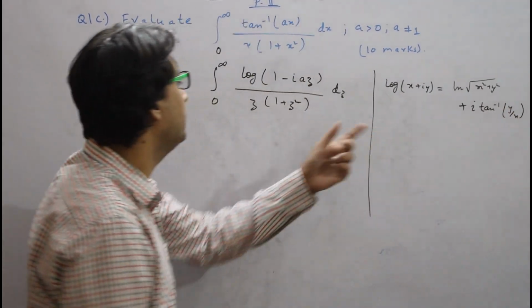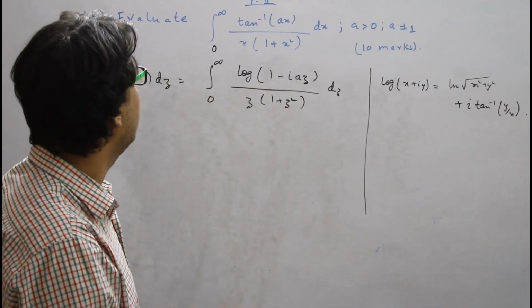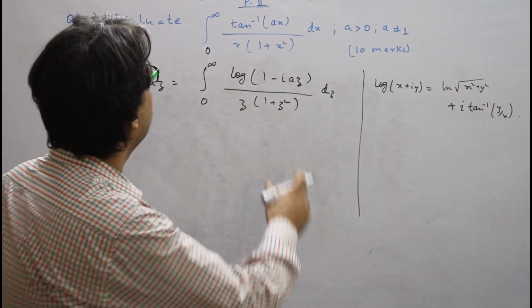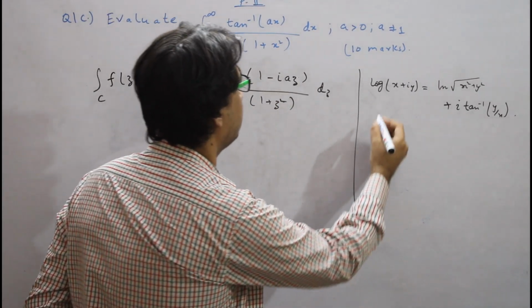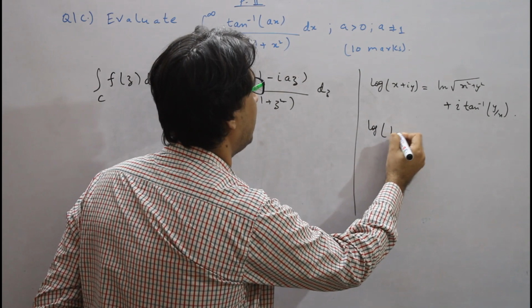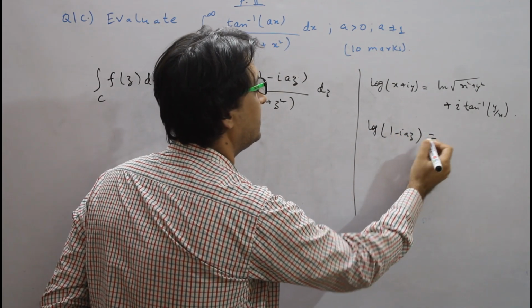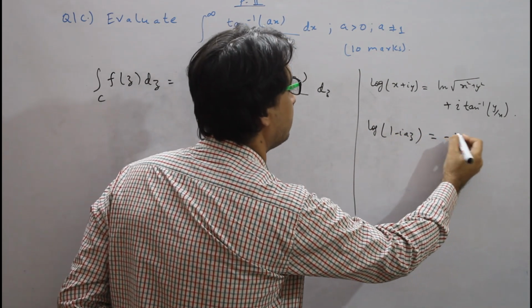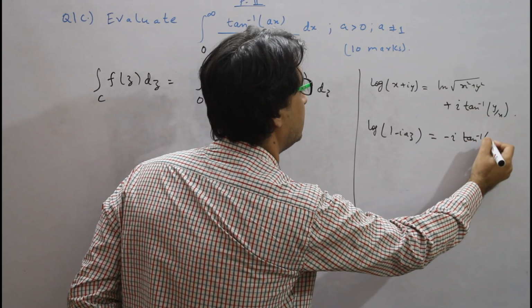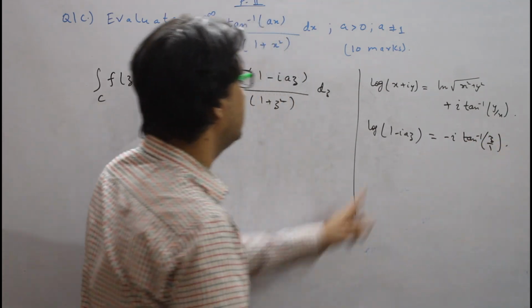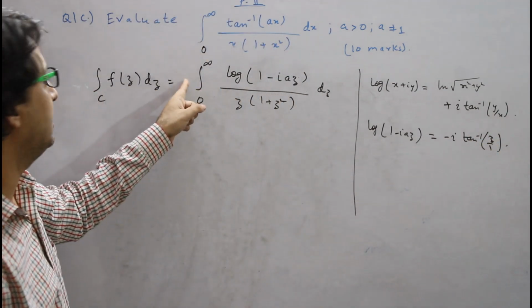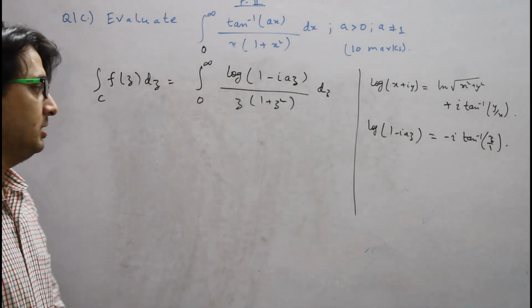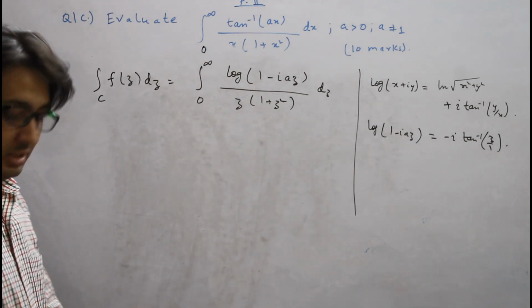So here we can see that I can write this in terms of the imaginary part of this one. The imaginary part is going to be minus i tan inverse z by a. So that is a minus. I have not taken the minus; I will take it after I have solved this equation.